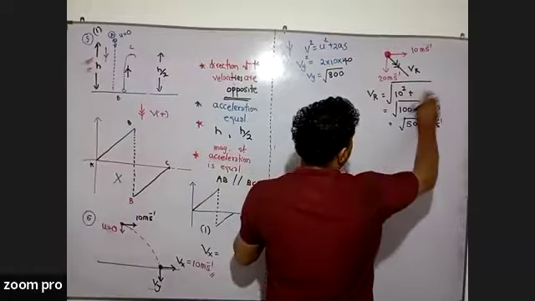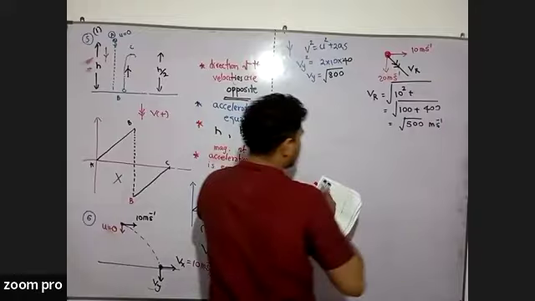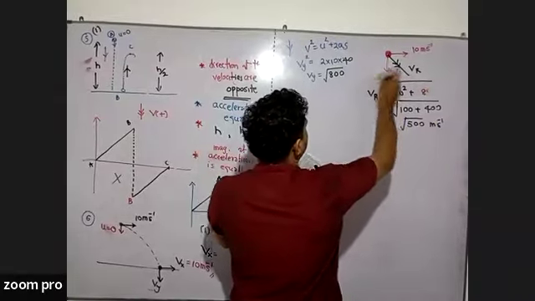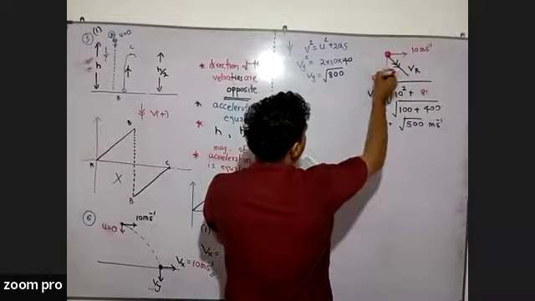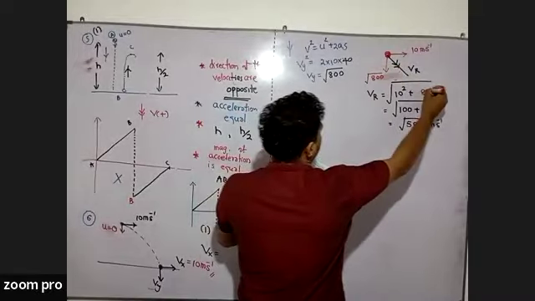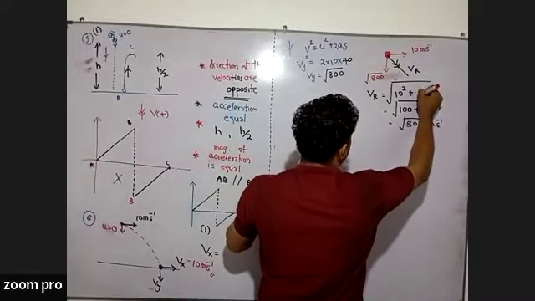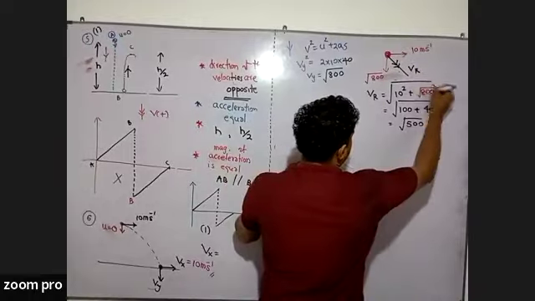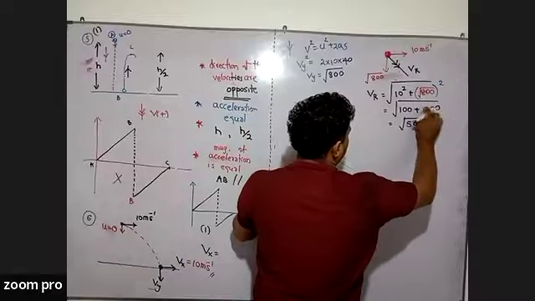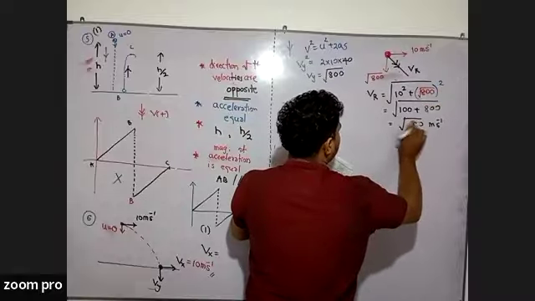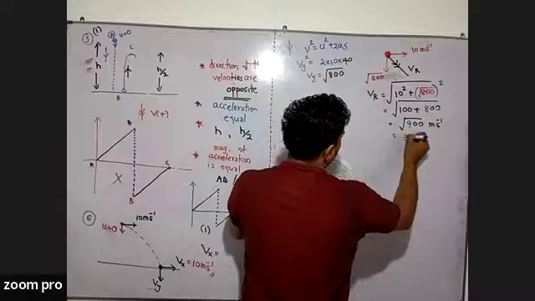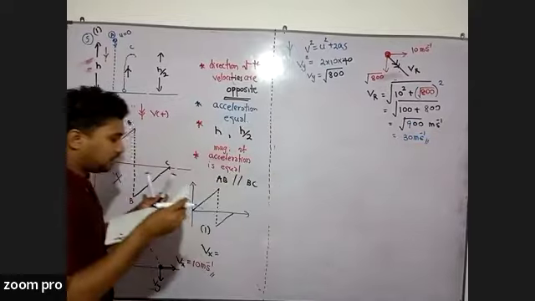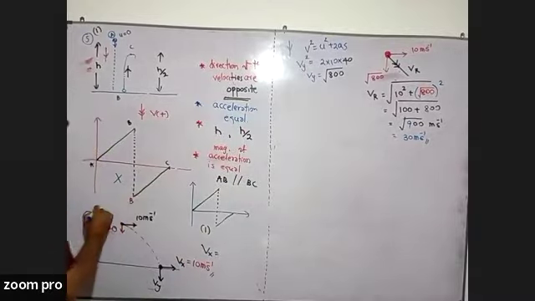So if I substitute the value into this equation, this is root 800, right? So we have to consider here the square of root 800. Right. So this equals 900, then the answer should be 30. So the answer should be the fifth one for the sixth question, right?